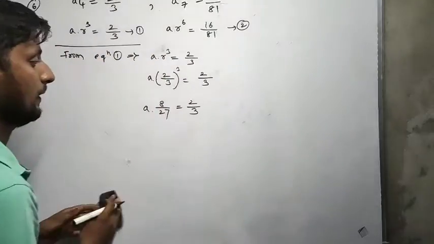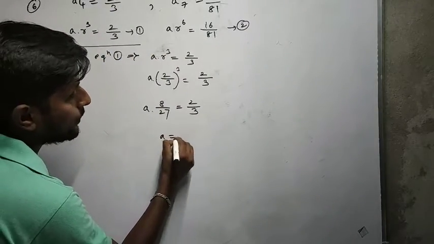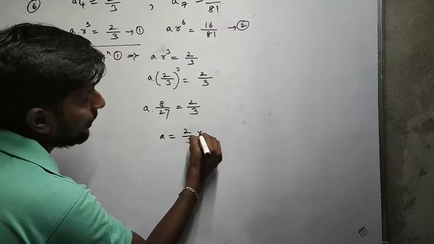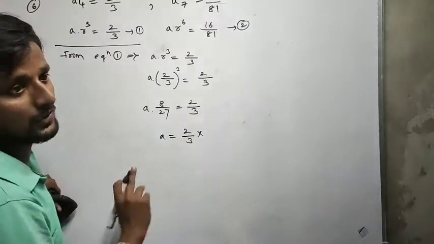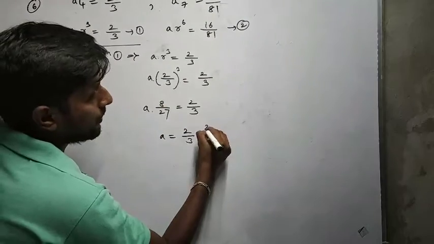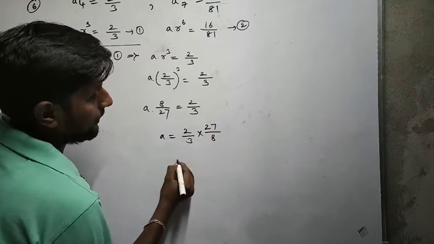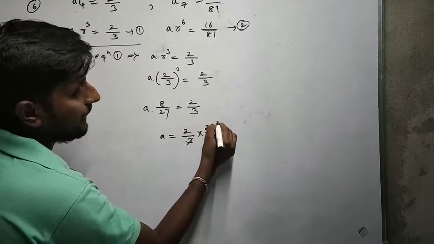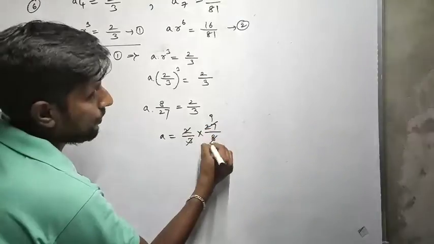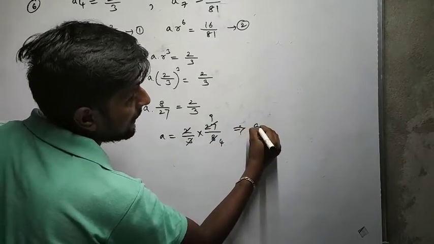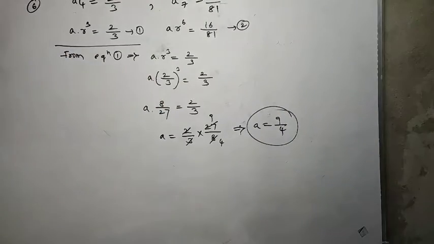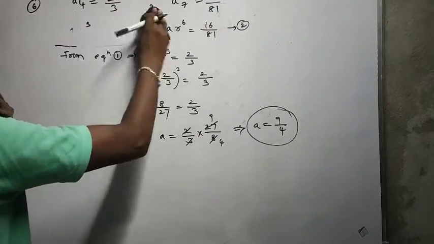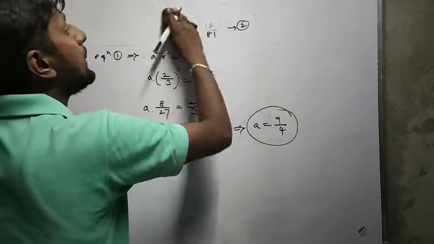Now A is equal to 2 by 3; when 8 by 27 goes to the RHS side, we get the reciprocal of the fraction, 27 by 8. Simply, 3 nines are 27, 2 fours are 8, so A is equal to 9 by 4.